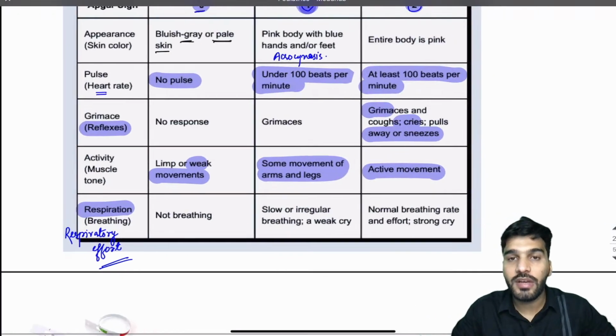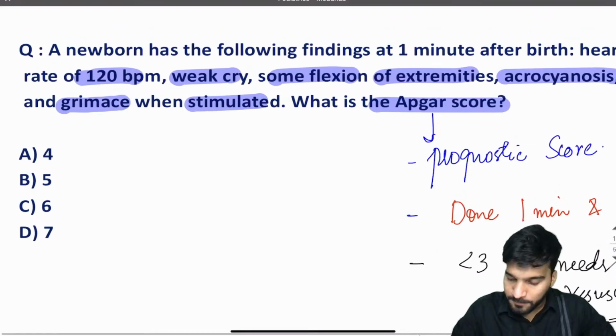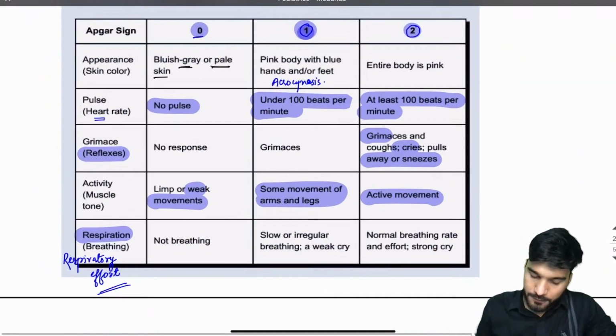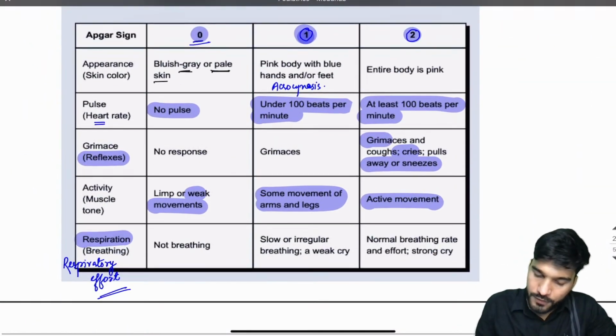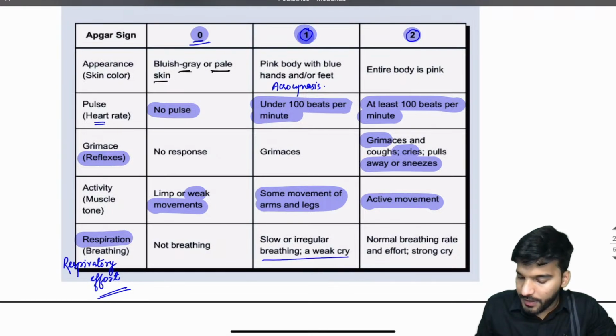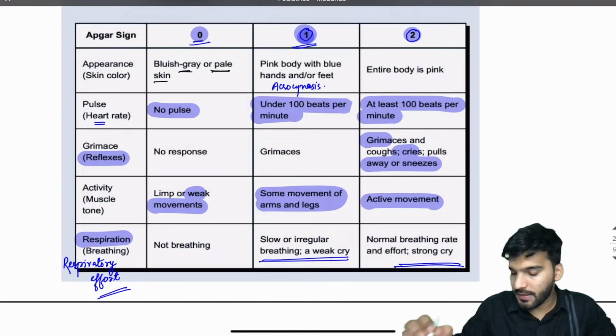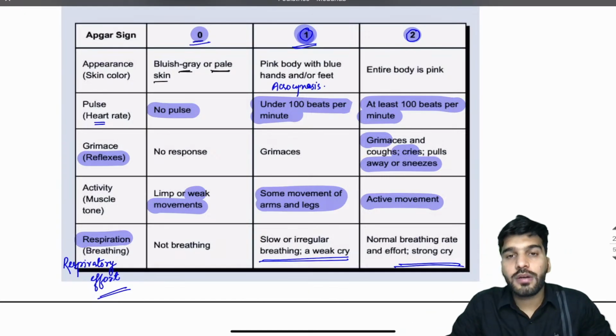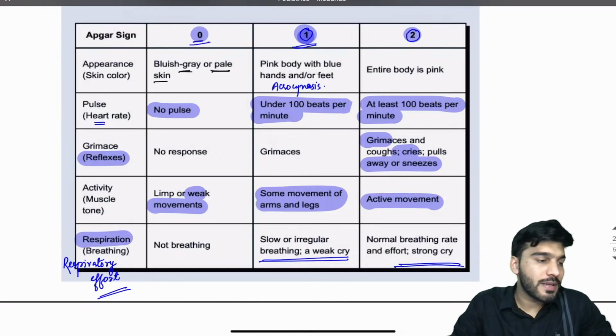Now if not breathing, the score is 0. If irregular breathing or a weak cry, it's a score of 1. And if there is normal breathing with a strong cry, that's a score of 2.